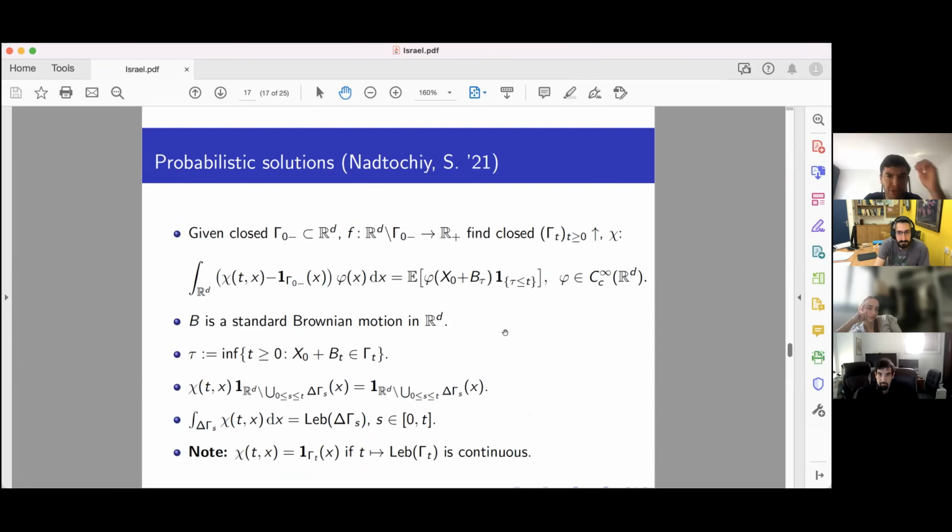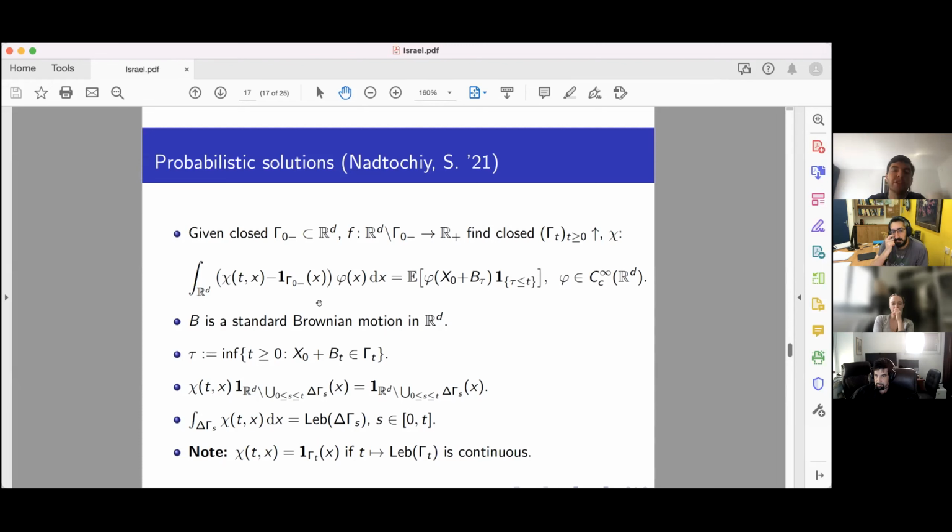And it goes as follows. So the key equation here is in the second line. And for simplicity, let's think of this function chi that you see on the left-hand side as just the indicator of the set gamma t, right? So it's just the indicator of the ice region at time t and evaluated at location x.